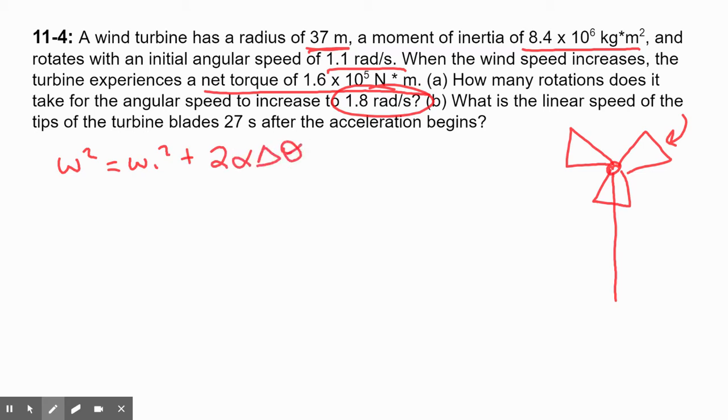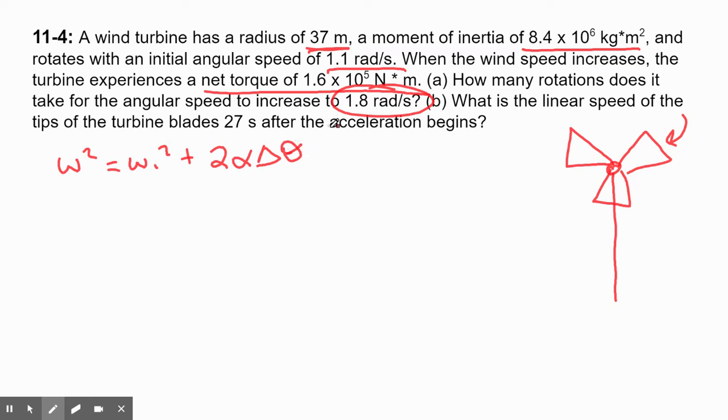But we are missing one of these pieces of information. So we know what our initial angular speed is, and we know what the final angular speed will be. We can figure out delta theta, because that would be our rotation. So we can figure this out. So we just need this acceleration.